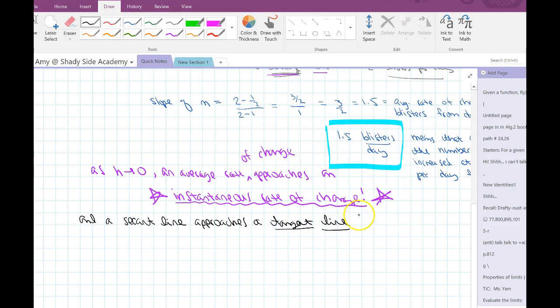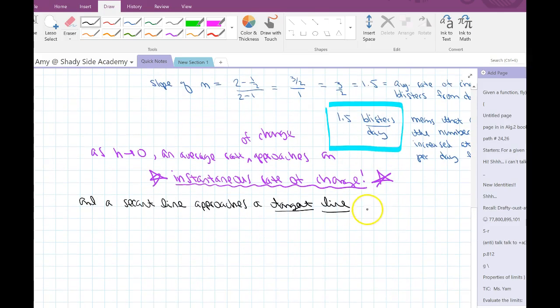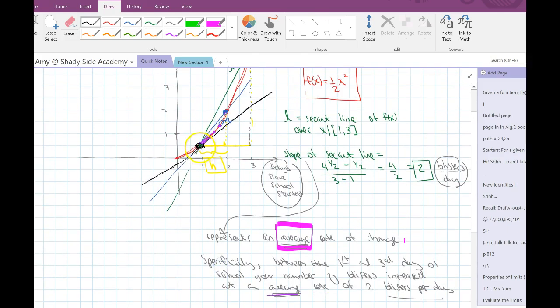Let's just be clear too. A secant line approaches a tangent line where the point of tangency, right? Where the point of tangency represents the particular moment in time that the instantaneous rate of change is occurring.